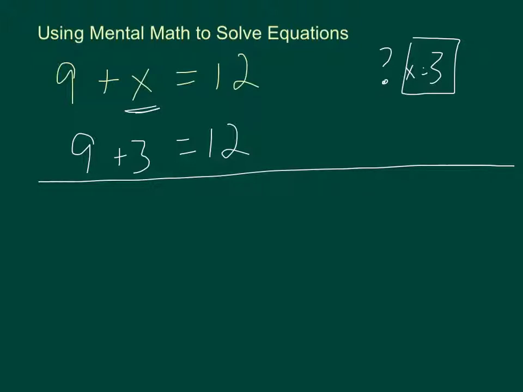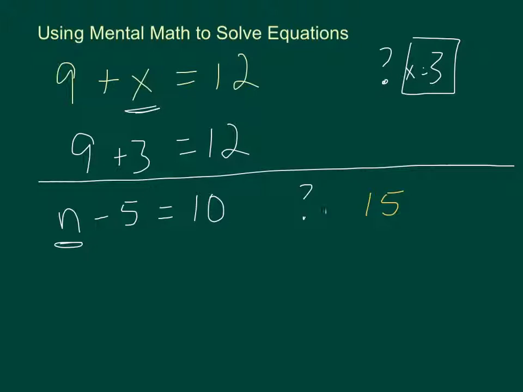Let's look at another one. n minus 5 equals 10. So now I'm going to ask myself a question: what number minus 5 is going to equal 10? Well, using mental math, I know that 15 minus 5 equals 10.